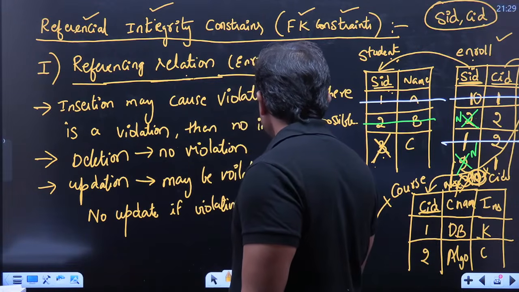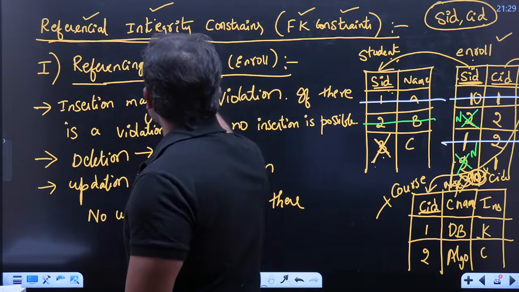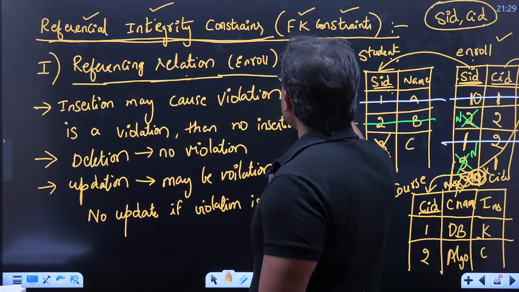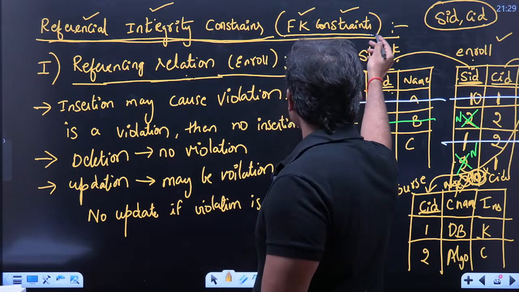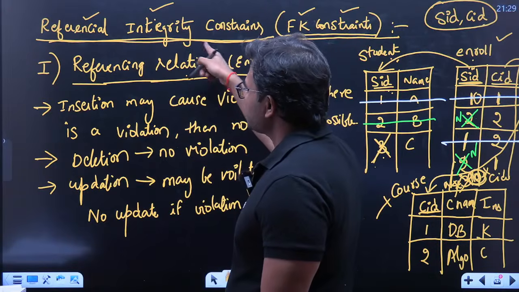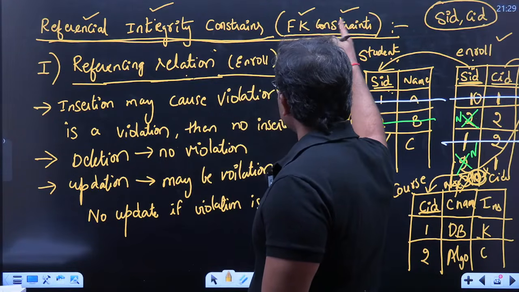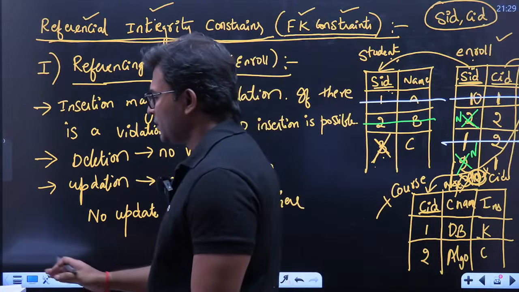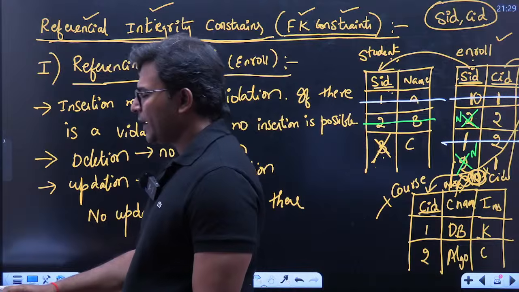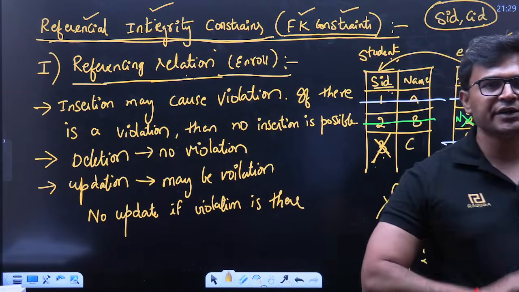These are called referential integrity constraints in the textbook language. In plain language, you can say foreign key constraints, but in every textbook it is written as referential integrity constraint, but it is actually a foreign key constraint. With this, we have completed the entire keys.